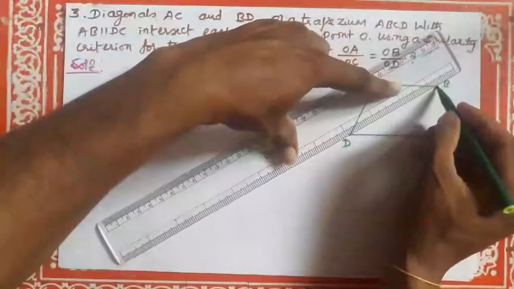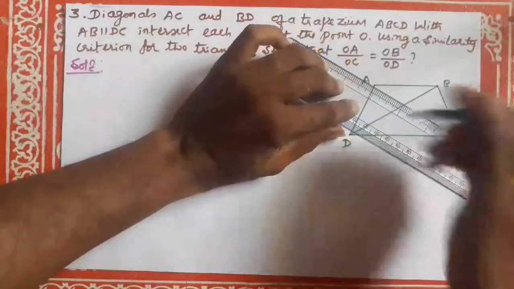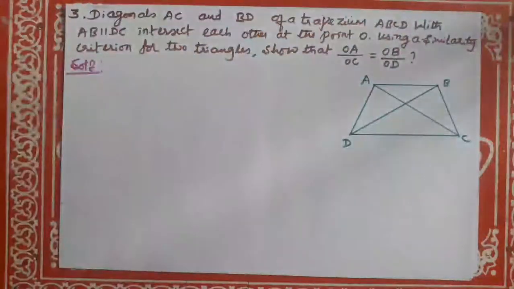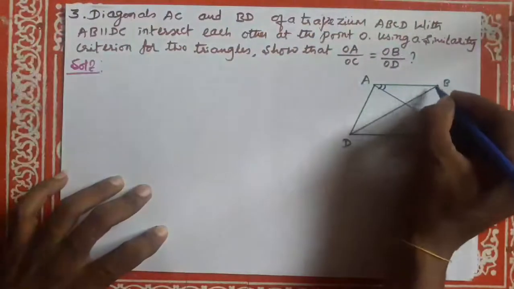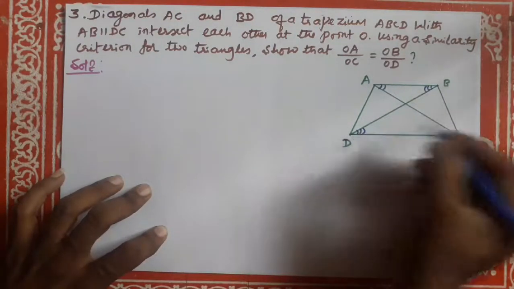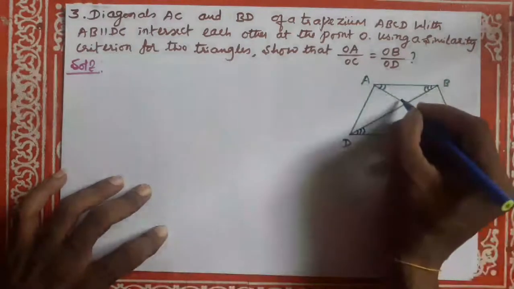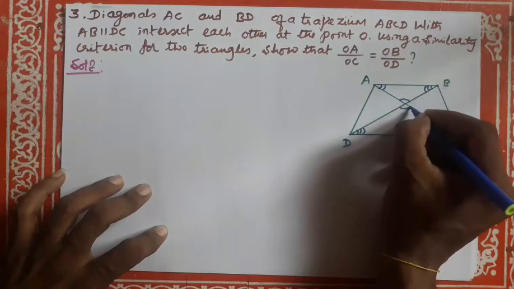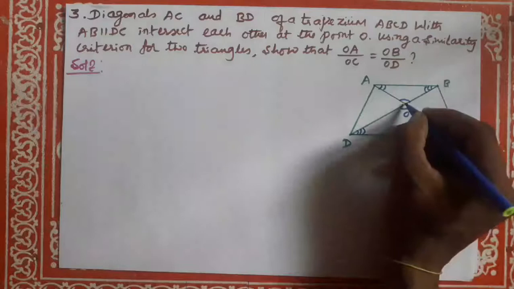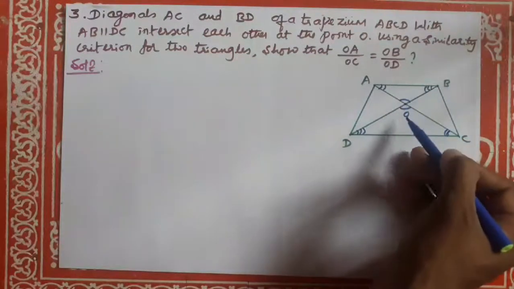Mark it. Mention O for this. AC and BD are the diagonals that intersect at point O.